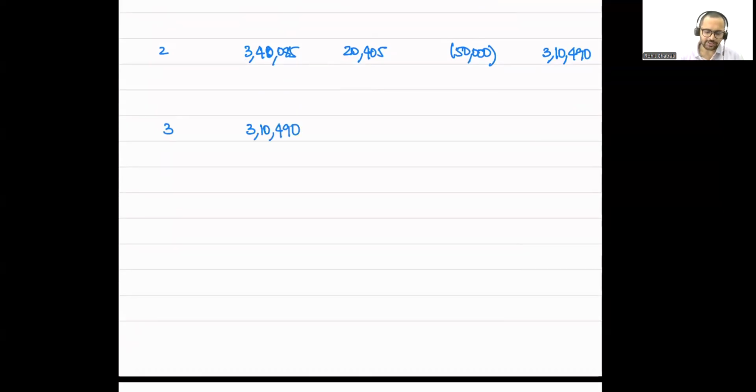For year 3, I have a beginning balance of 3,10,490. I then recognize interest at the rate of 6%, which will be 18,629. I then reduce my liability by the 50,000 payment that will happen at the end of year 3, and that will give me a liability of 310,490 plus 18,629 less 50,000, which is equal to 2,79,119.